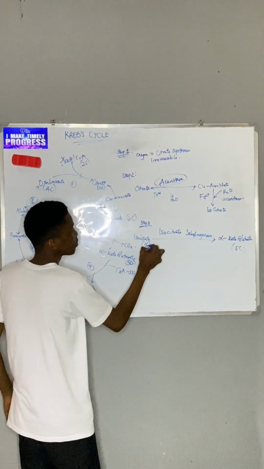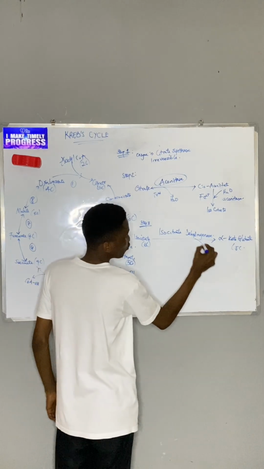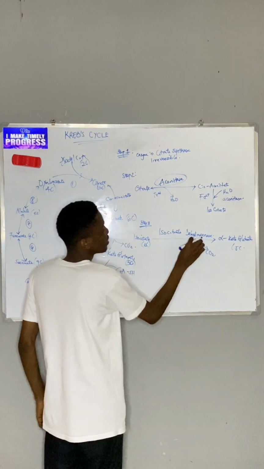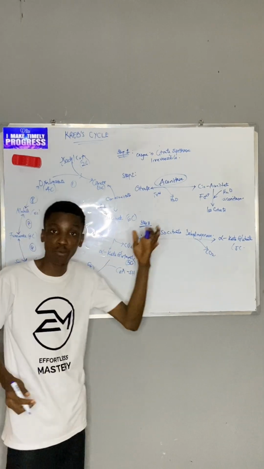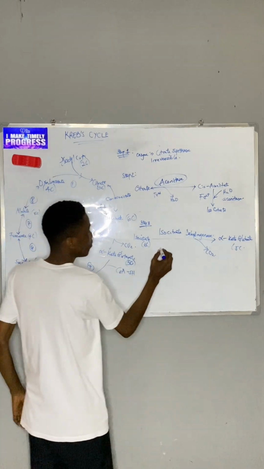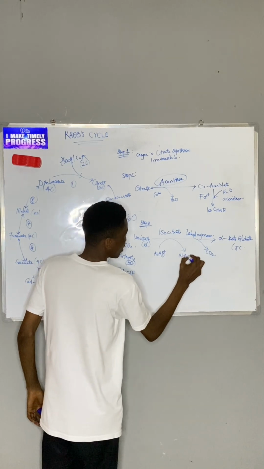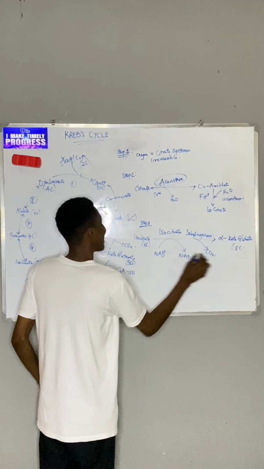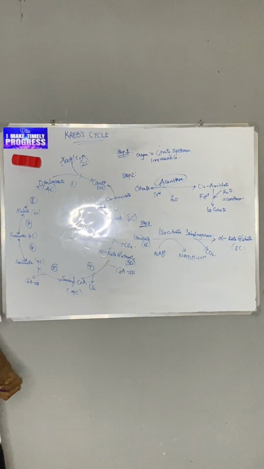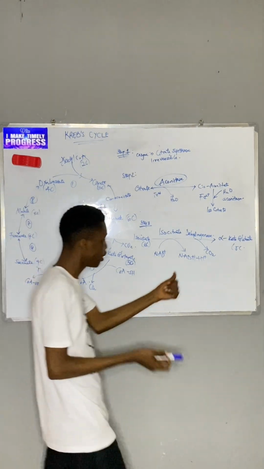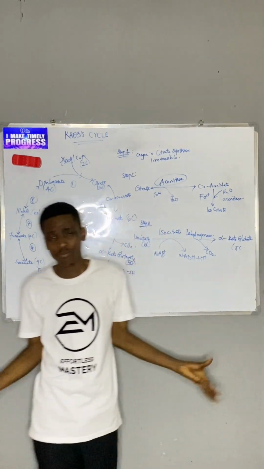So for me to change from 6 to 5, that means I have removed CO2. But for me to have dehydrogenase, I removed hydrogen from someone and added to another. So that means I required a coenzyme. And the principal coenzyme we use here is NAD plus. You could ask me a question: why do I keep writing NADH plus H plus?